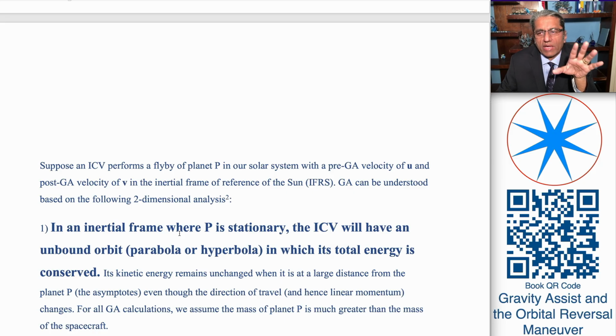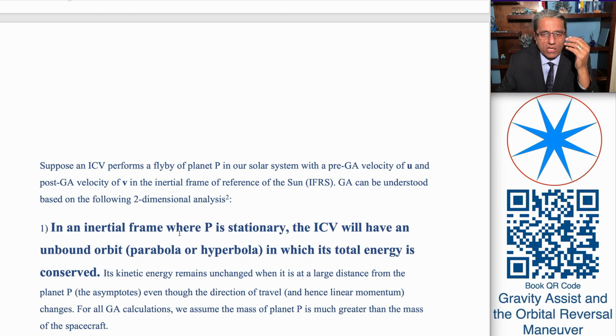Anyway, I had to figure it out myself. I did not really get any good source. I'm sure there are lots of sources. I could have bought a textbook and gone through 100 pages, but I didn't want to do that. I wanted to get to the point. So I figured out this gravity assist and I also put it in my book.